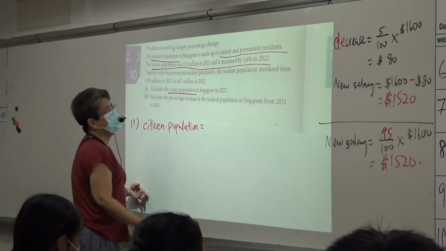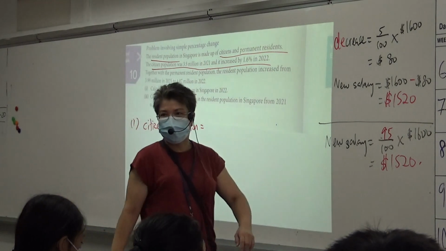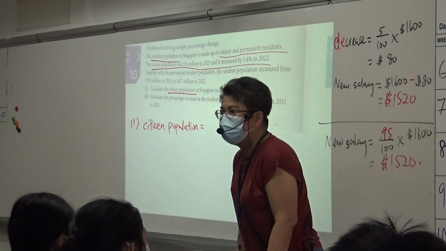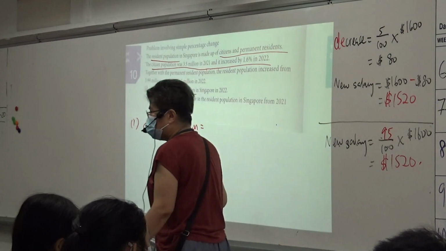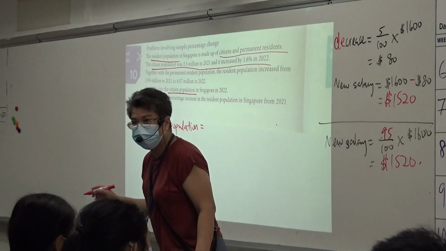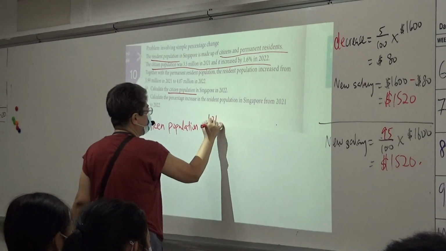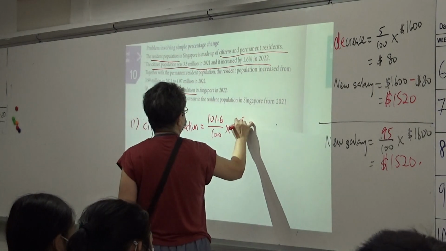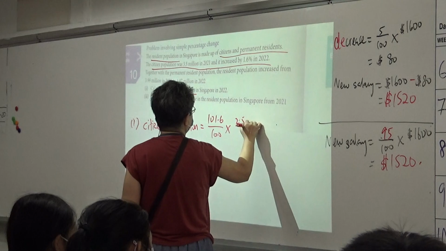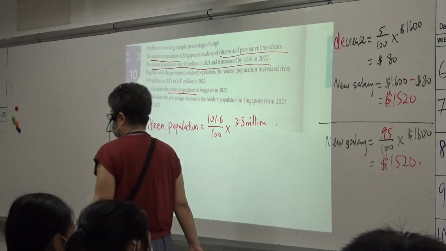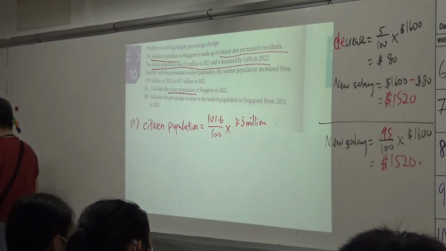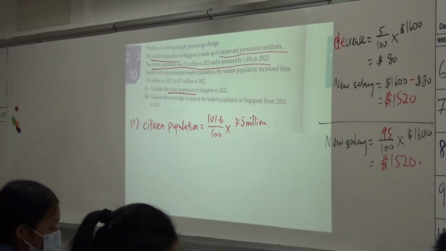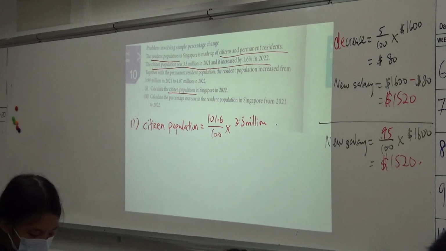Citizen population will be, now, since it's increased by 1.6%, it becomes how many percent? 101.6%, right? Do you all agree with me? So this will become 101.6% times what? 3.5 million. Okay, use your calculator times for me now. How many million?